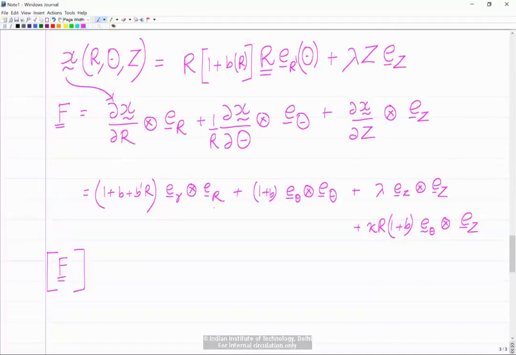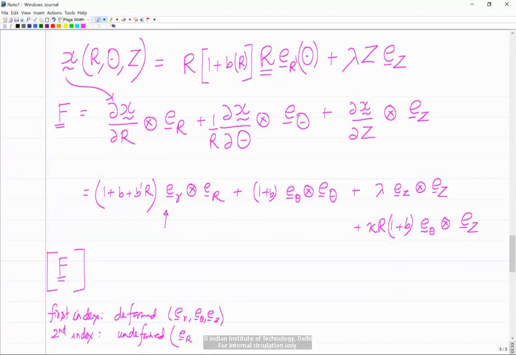For these ones, if we use deformed E small r, E small theta, E small z as the first index, and undeformed as the second index, you can also do that.